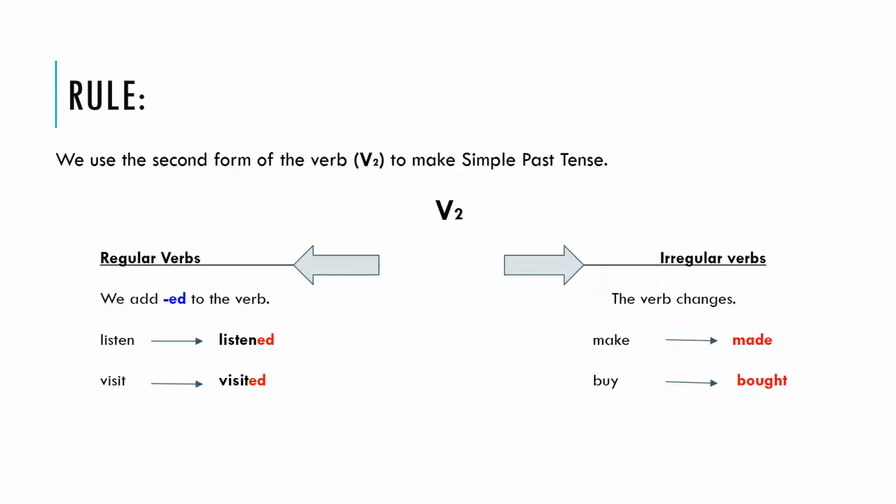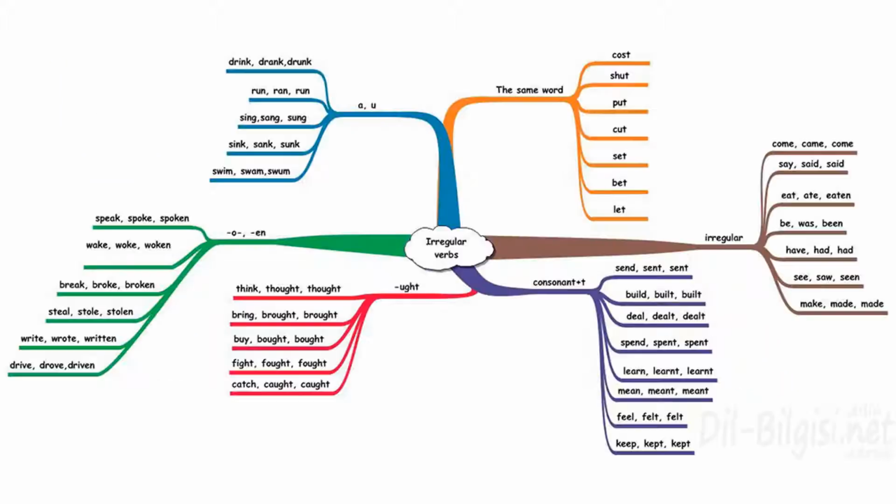If the verb we use is an irregular verb, we totally change the verb. For example, make becomes made, buy becomes bought. In this picture, you can see how we change irregular verbs when we use them in simple past tense.